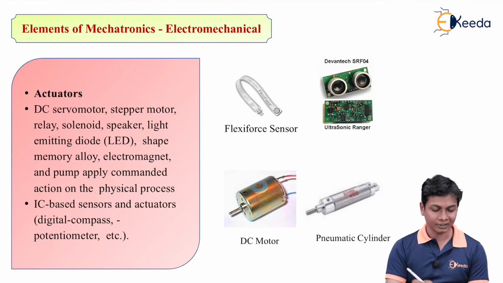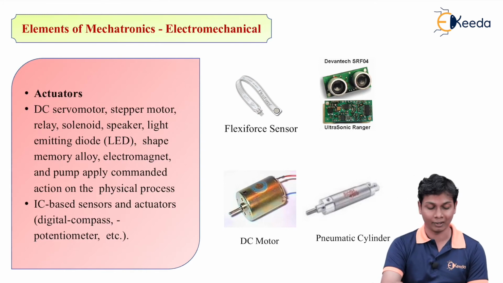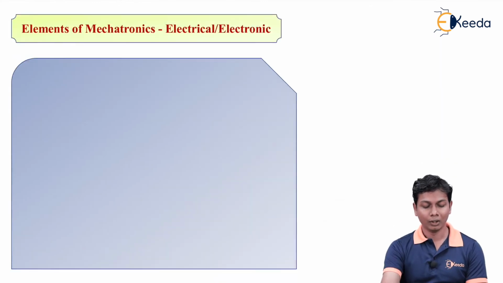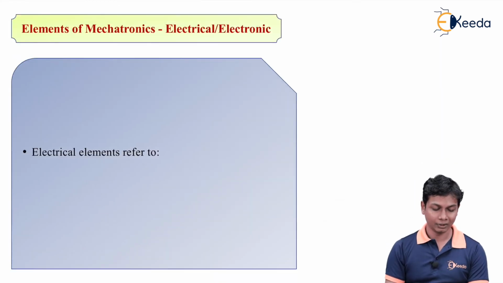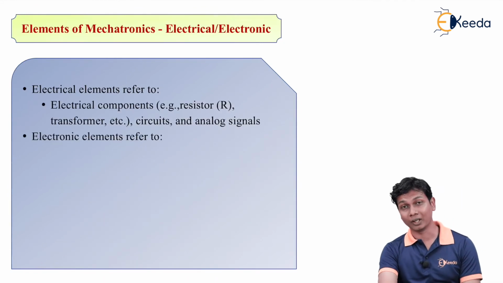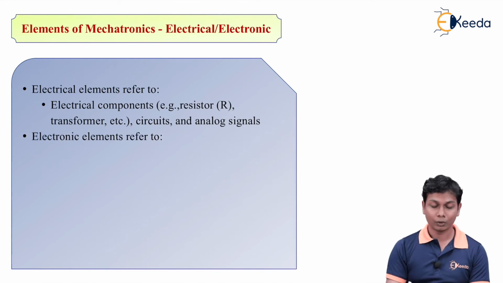Another part is that the IC based sensors and actuators are also used day by day, that is the advanced part of the actuators. Now, key elements of mechatronics are referred to the electrical and electronic part. So, the electrical and electronics part refers to the resistor and capacitor part.